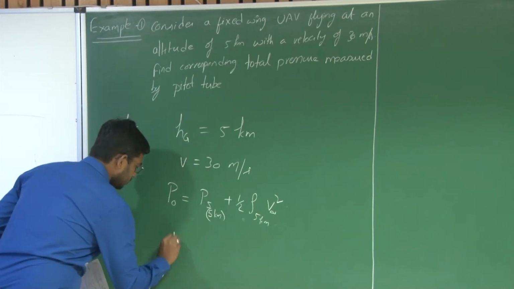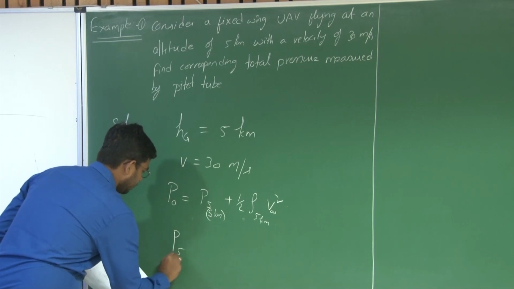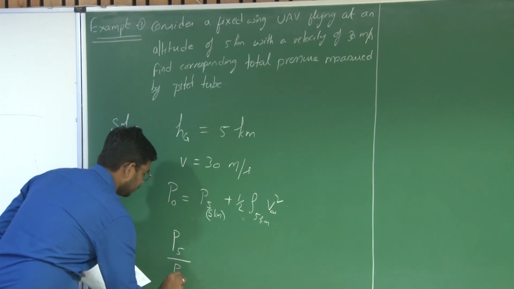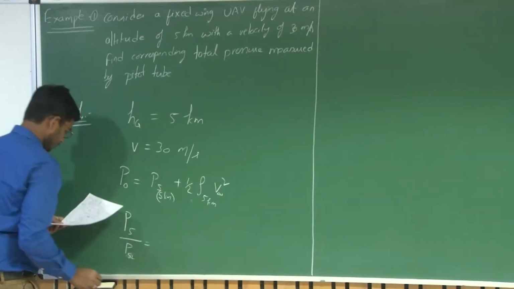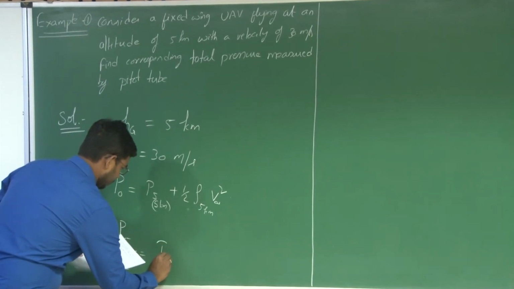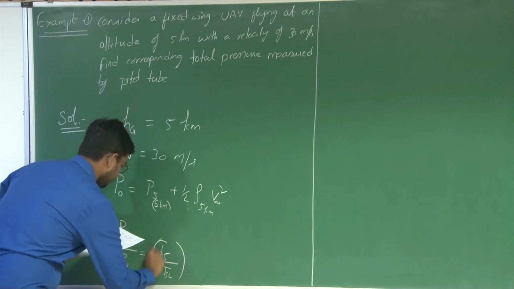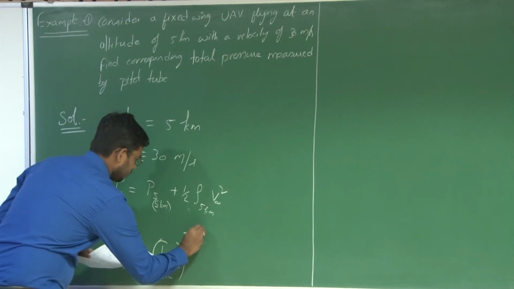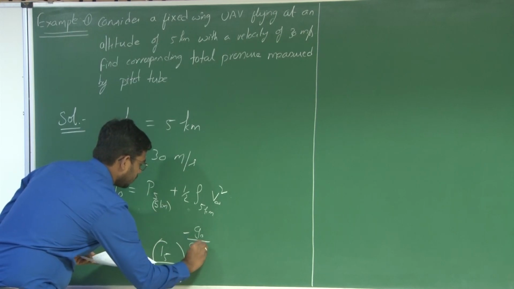So what we have is P at 5 kilometers by P at sea level is equal to T at 5 kilometers divided by T at sea level, raised to the power of minus g naught by aR.